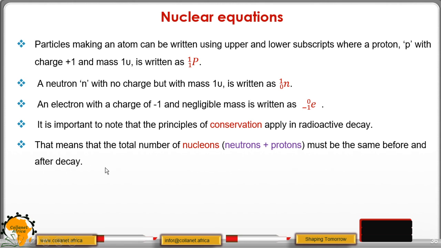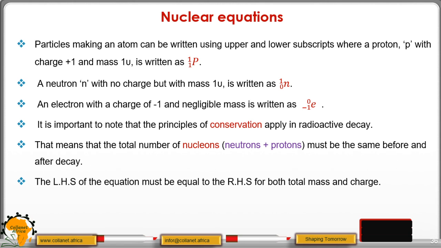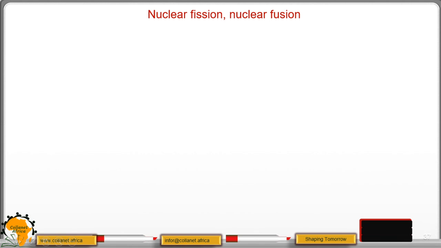That way we will say that our equation is balanced. In other words, the left-hand side of the equation must be equal to the right-hand side for both total mass and the charge.